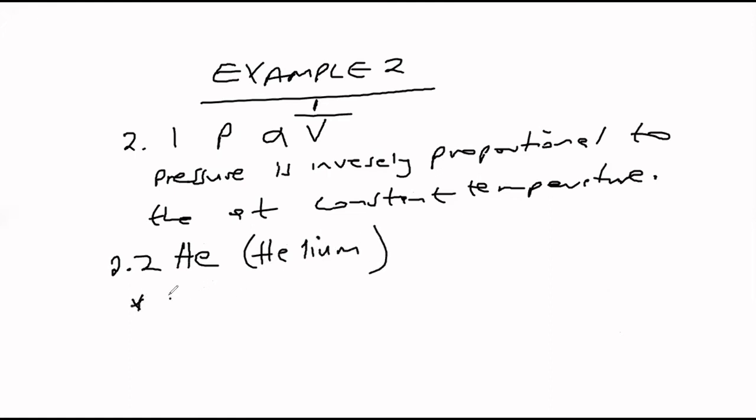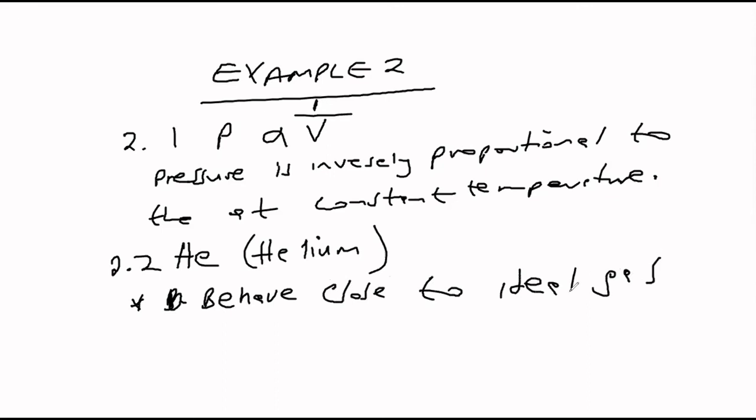Why helium? Because it behaves close to the ideal gas. So it starts deviating only after the increase of pressure.